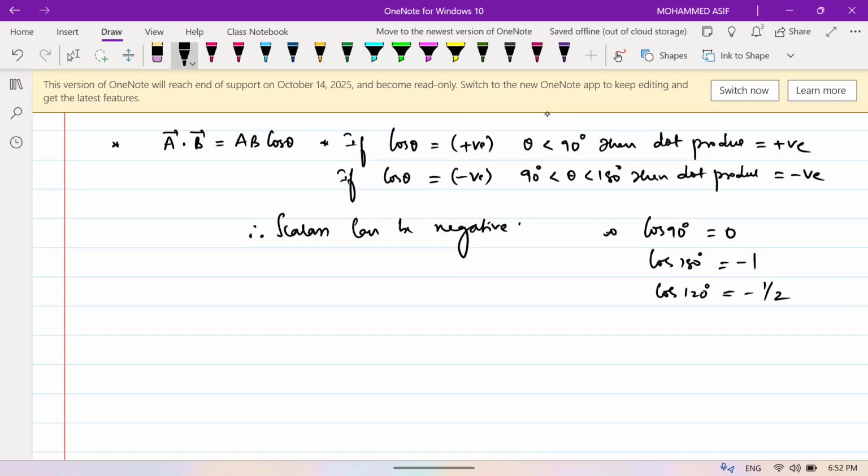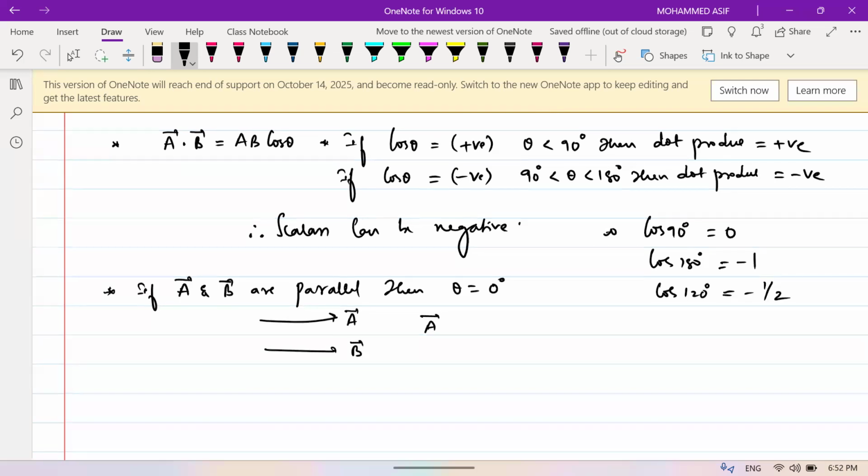If two vectors are parallel, if A bar and B bar are parallel, then theta will be 0 degrees. Like this is vector A bar, and this is another vector B bar.